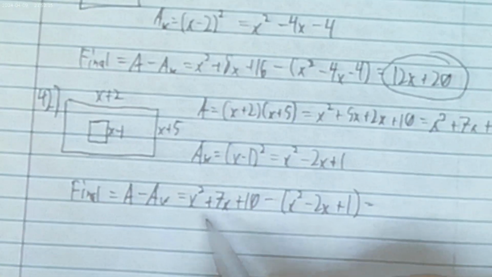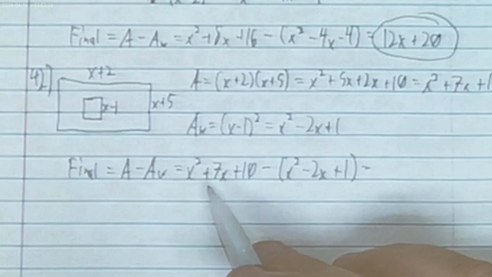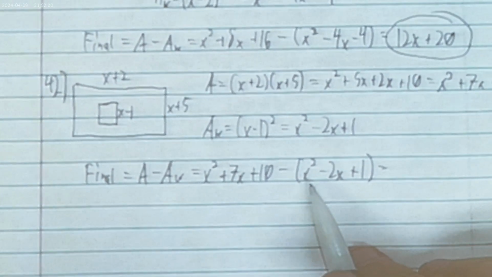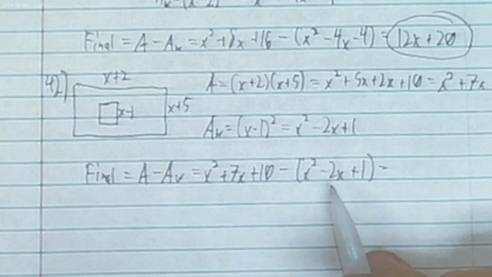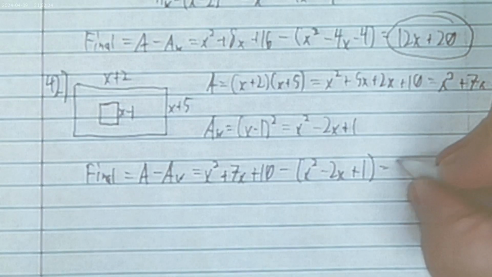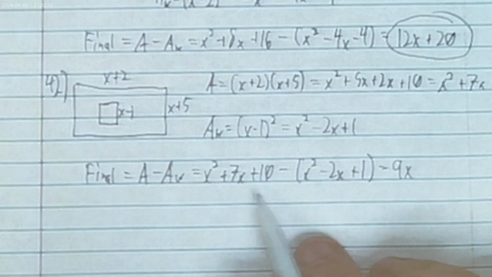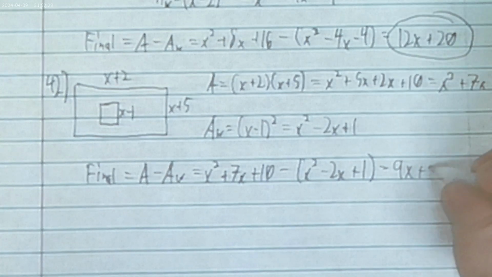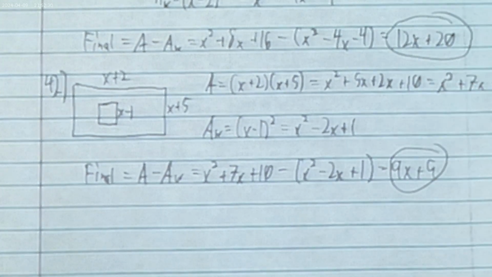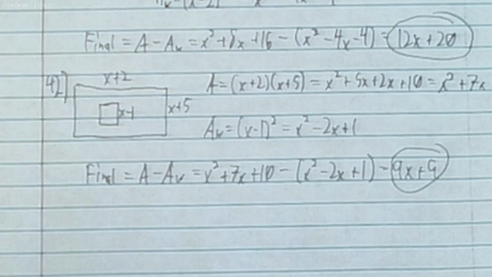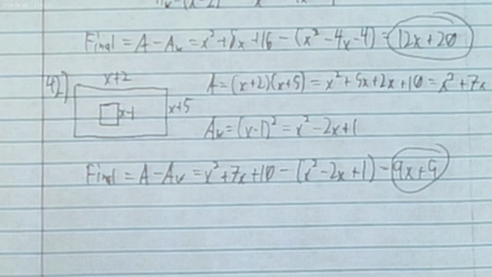The x squared cancels out. 7x minus negative 2x is plus 9x. Then 10 minus 1 is 9. So there we go. That is our area: 9x plus 9.